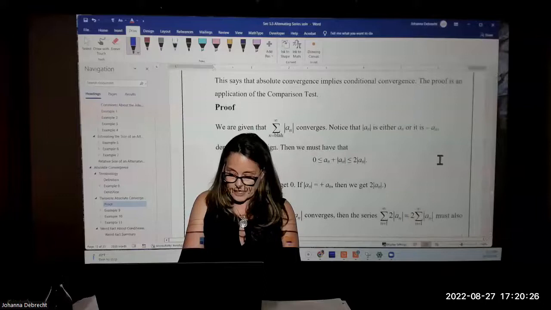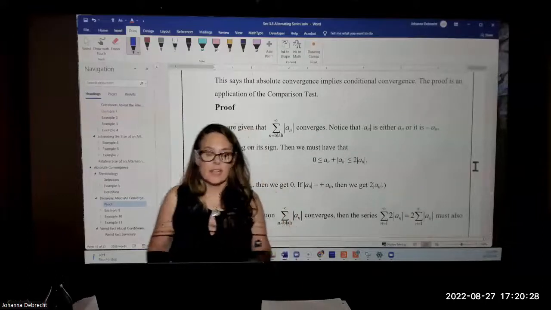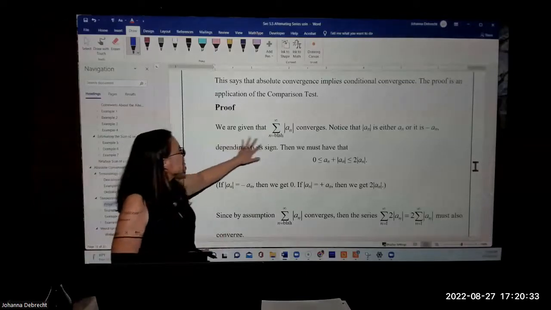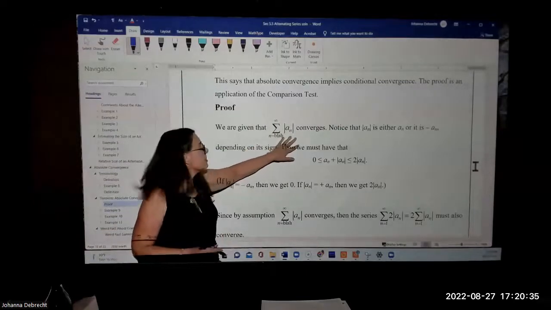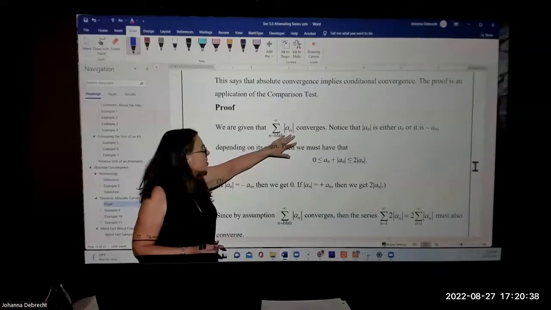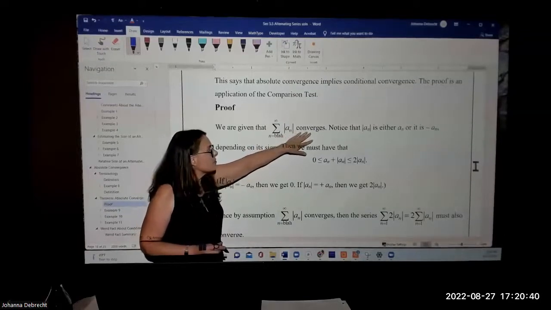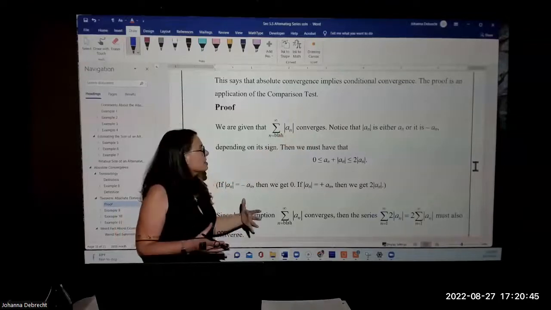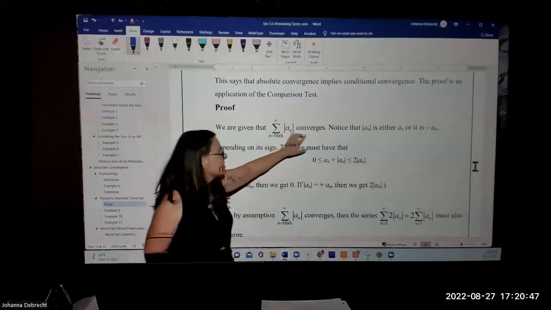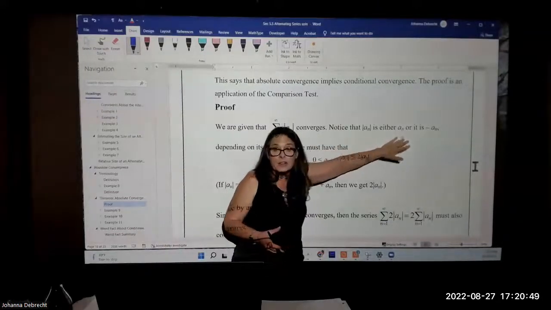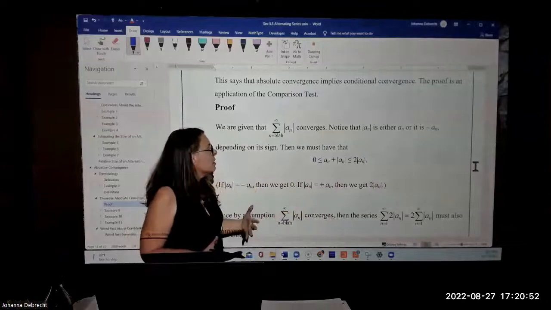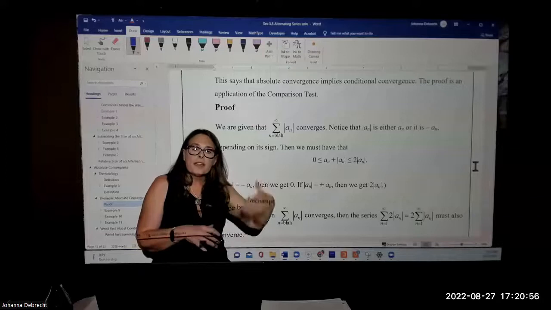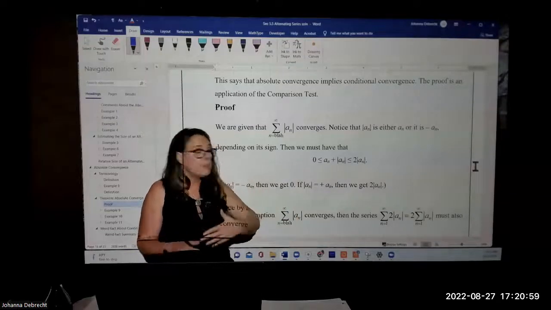The proof of this is an application of the comparison test, which we saw in a previous video. So we're going to start with the idea that the absolute value of the summand in the series does converge. Well, either all the terms were already positive, in which case the absolute value of a sub n is just a sub n because they were all positive anyway, or on the terms where they were negative, if I multiply that negative term by a negative, I'll get a positive.